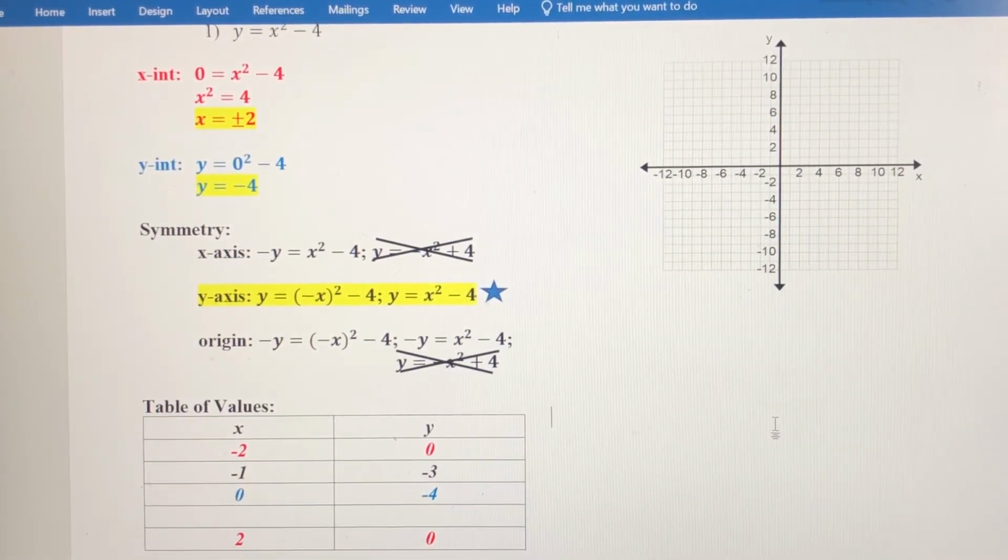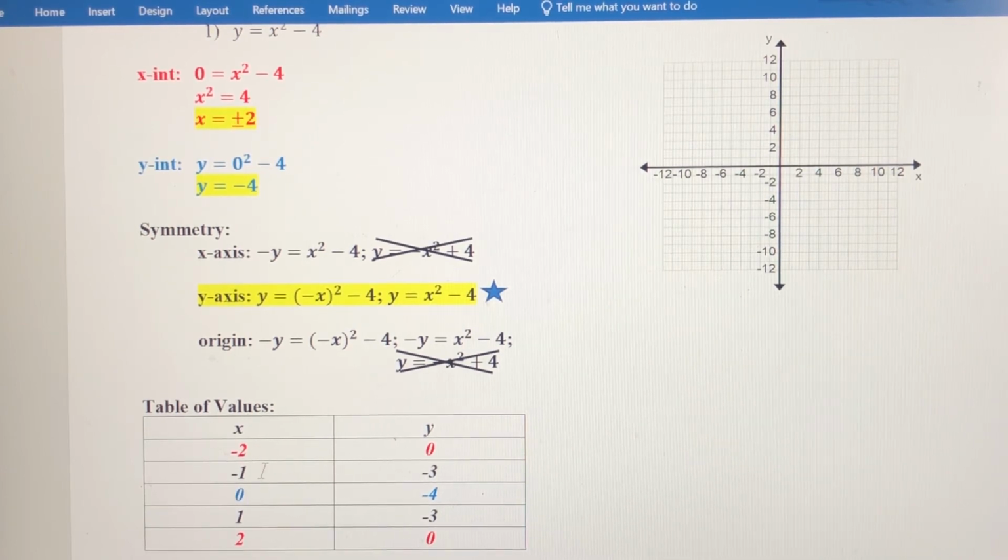And this is where the concept of y-axis symmetry comes in. Remember, with y-axis symmetry, if I replace x with negative x, I should get the same y value. When I plugged in negative 1 for x, I got negative 3 for y. That should also be the case when I plug in positive 1, so 1 is going to be negative 3. That's how we can use symmetry to make the graphing process a little easier.